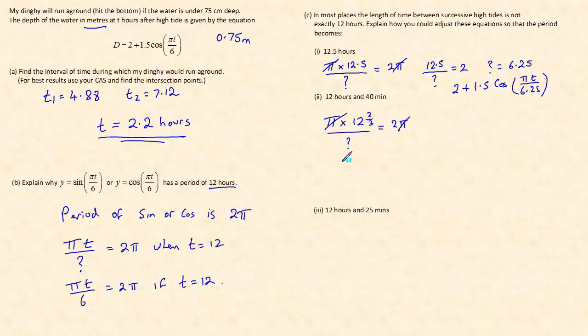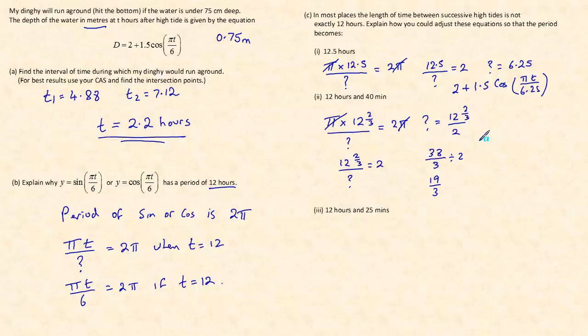And so what we need is 12 and 2/3 over question mark is equal to 2. So the question mark would be 12 and 2/3 divided by 2. So 12 and 2/3, 3 12s are 36 and 2 is 38. So that's going to be 38 over 3 divided by 2, which is 19 over 3.